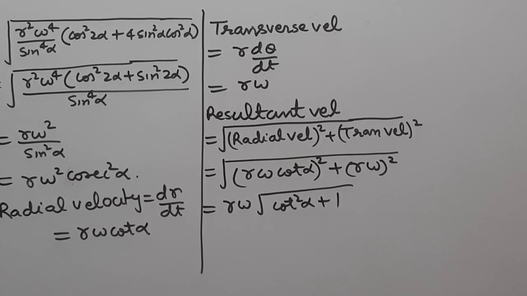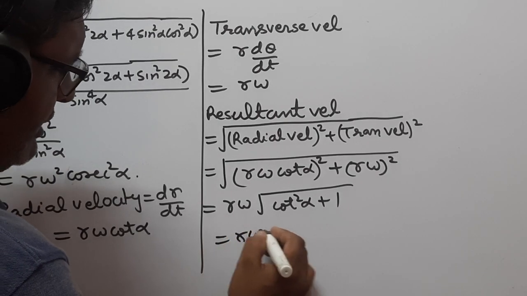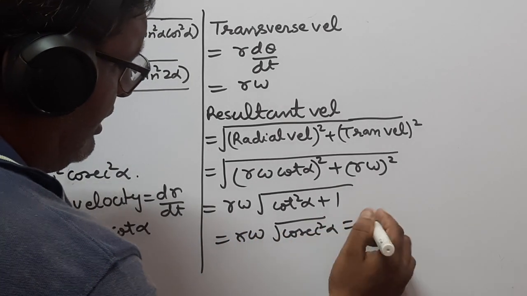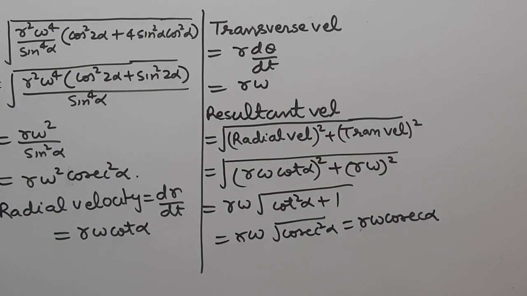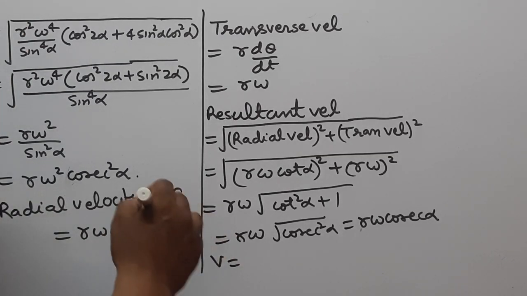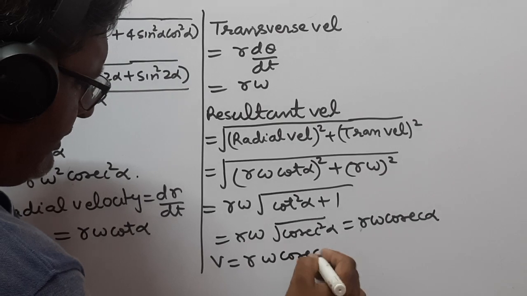We know that 1 plus cot² α is cosec² α, so this is equal to r ω cosec α. So the speed v is equal to r ω cosec α.